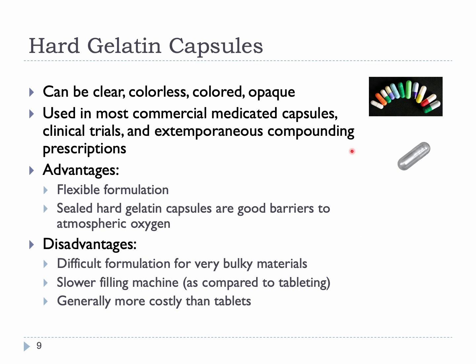Hard gelatin capsules. The capsule can be clear, colorless, colored, or opaque. In the picture here, you can see different colors and different sizes of capsules. Hard gelatin capsules are used in most commercial medicated capsules, clinical trials, and extemporaneous compounding prescriptions. An advantage of hard gelatin capsules is flexible formulation.